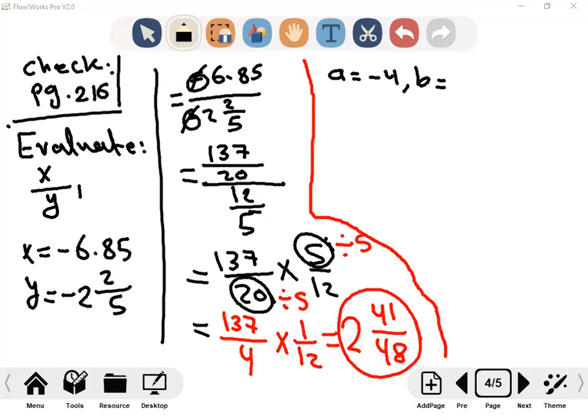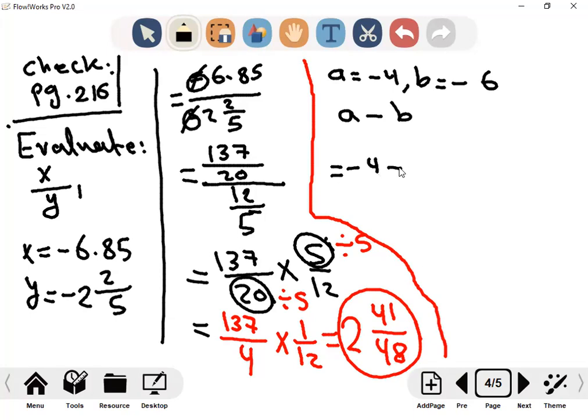Let's go back to our screen. B is -6. Now they want us to find A minus B, right? A is how much? -4. After A, what do we have?